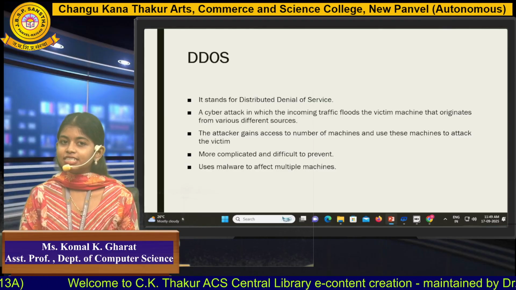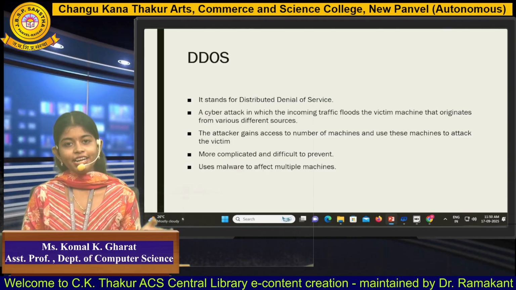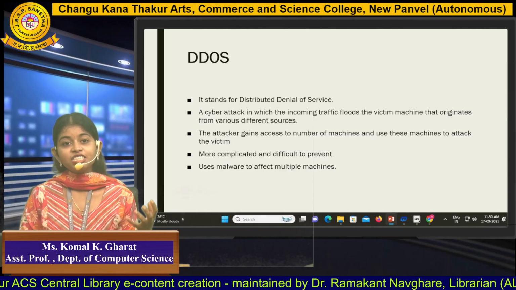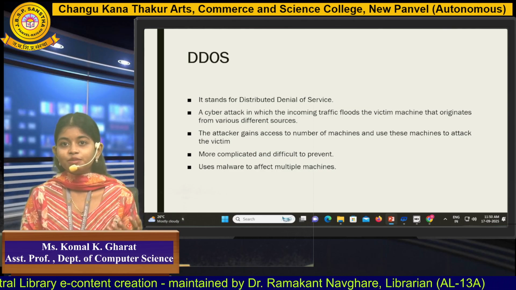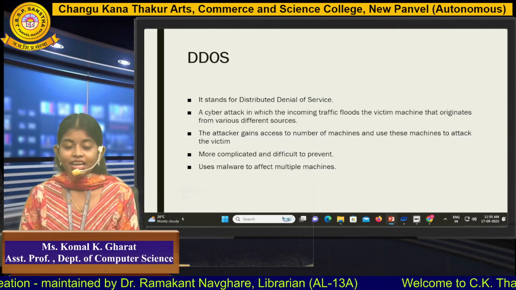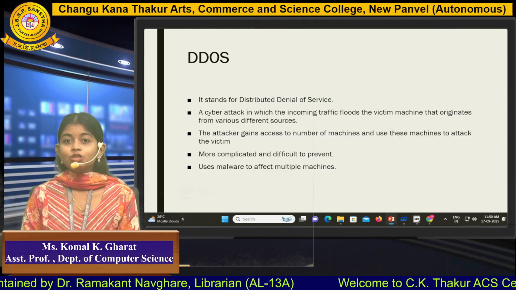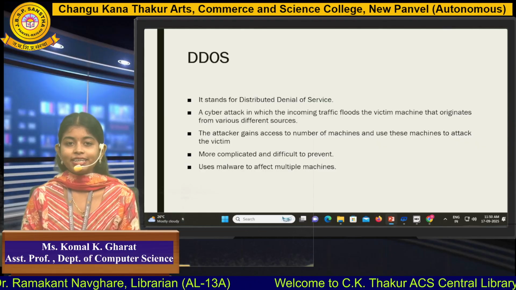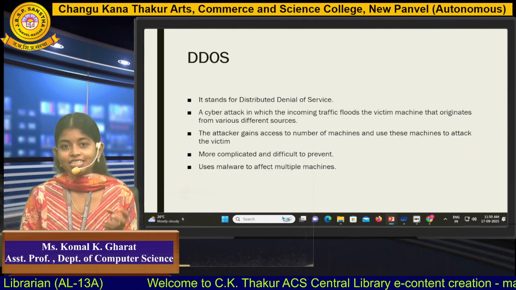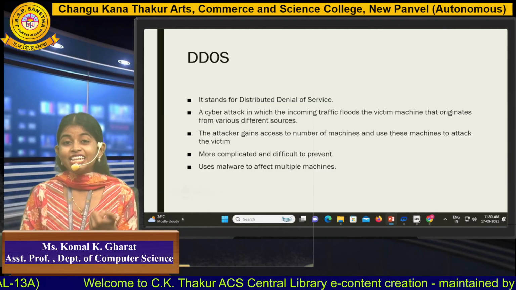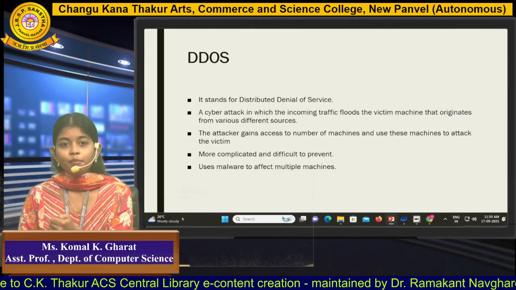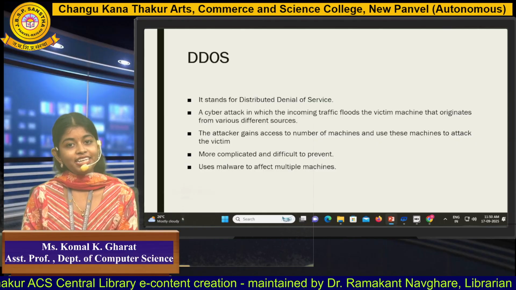As we discussed, in DOS there is only one attacker who targets the victim system, but here requests come from various different sources, because the slaves send the requests. The attacker gains access to a number of machines and uses these machines to attack the victim, that is the masters which we already discussed, and the slaves. The slaves are the unauthorized access gained by that particular master.